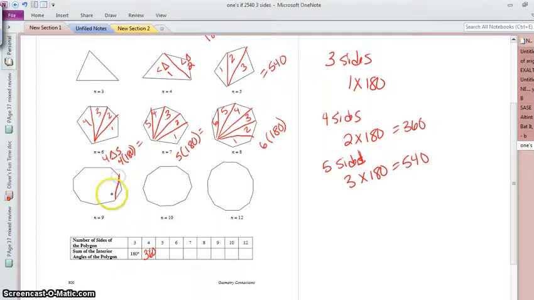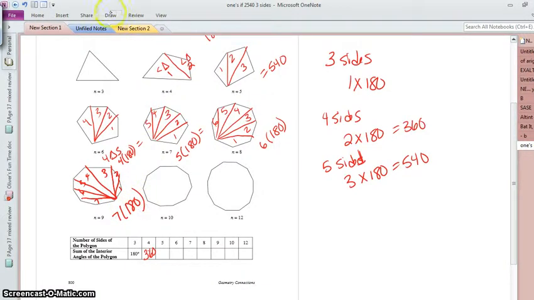So I'm going to draw more carefully. I have 1 triangle, 2, 3, and by now you're predicting how many I should get also. 4, 5, 6, 7 triangles when I connect one vertex to all of the other possible diagonals.